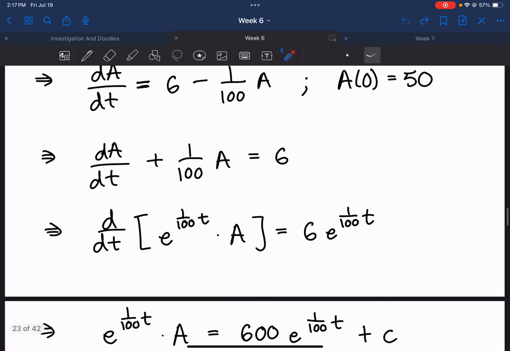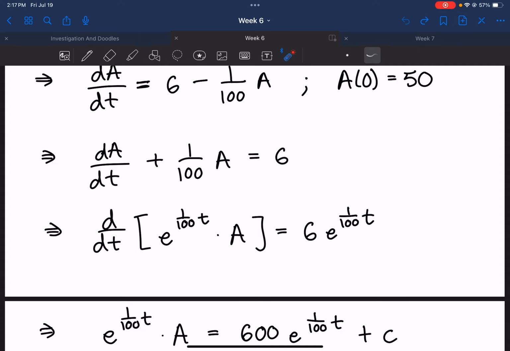And now this becomes my P of t function, and I'm going to integrate. Mu of t should be e to the integral of 1/100 dt, which gives me mu equals e to the 1/100 t.